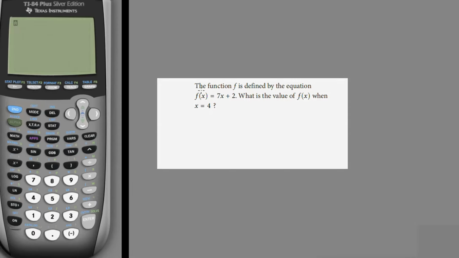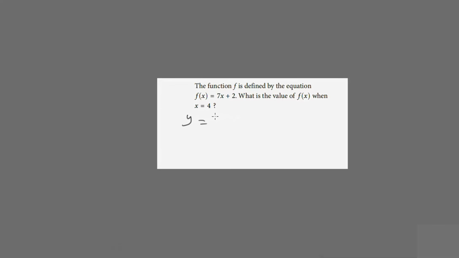So guys, in algebra, f of x is the same as y. So you can replace f of x with y. This will be y equals 7x plus 2. And we are told that the value of x is 4. So what it means is that where you see x in this expression, you replace it with 4.